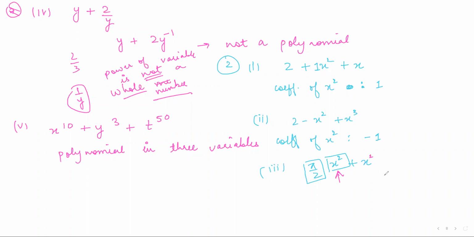So it is a polynomial, first of all. Is this clear to everyone? Yes. So please don't make this mistake again. You only have to look at the variable. Now, what is the coefficient of x square? Pi by 2. So this pi by 2 is a coefficient. It's a number. It can be irrational. There is no issue.